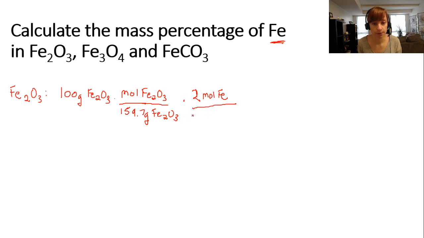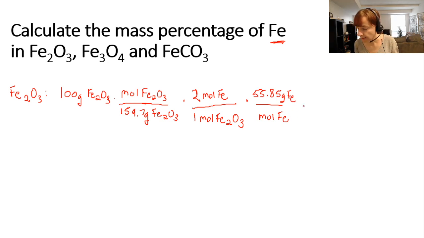After that, we need to convert it back into grams because we want the mass percentage. So we need to calculate the number of grams of iron from Fe2O3. The molecular weight of iron is 55.85 grams per mole.